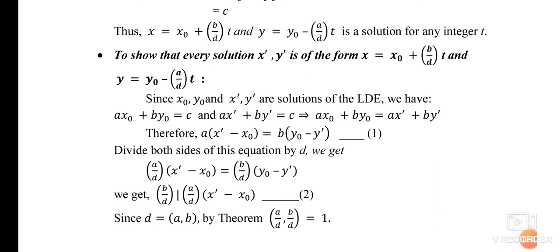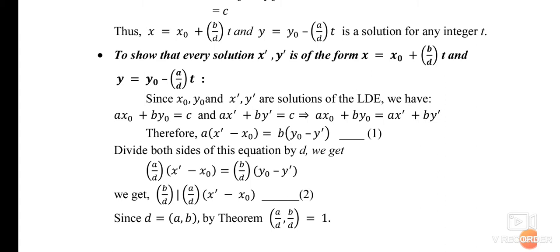In this part we prove every solution of the LDE is of the form x equals x naught plus b by d into t and y equals y naught minus a by d into t.